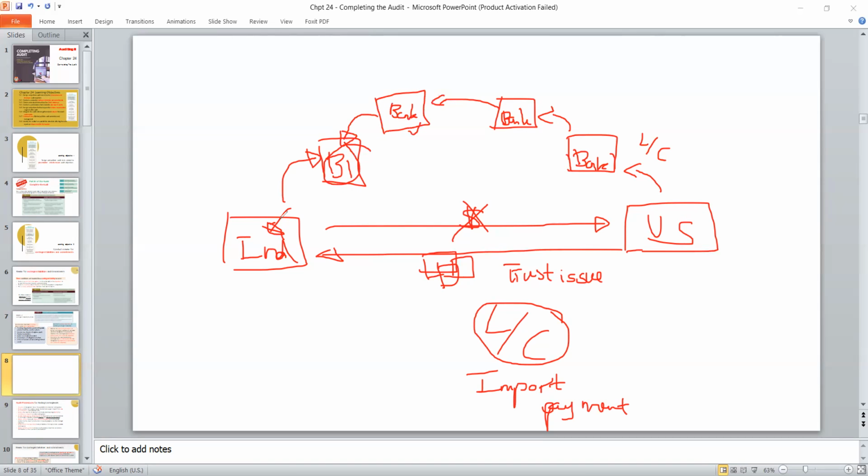So the Indonesian company will pay the money through this bank, and this bank will forward the money to the next bank, until it reaches the bank where the US company has its account, and they will get the money. This is what LC means, payment through the bank, and usually it's for export-import activity.